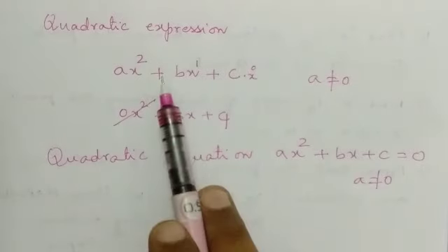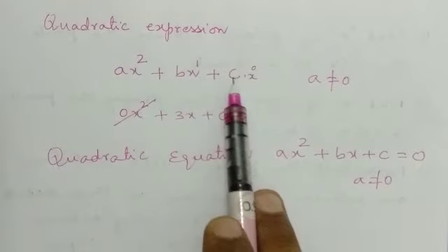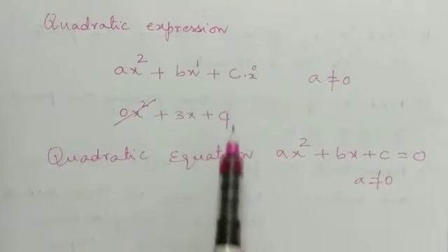As I said, a is definitely not equal to 0. Then what about b, c? b, c may or may not be zeros.